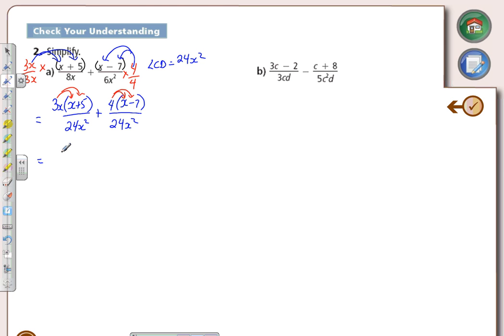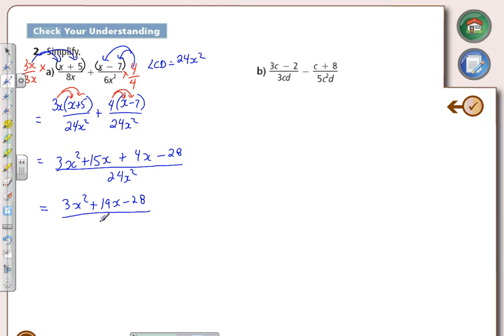So then we get 3x squared plus 15x plus 4x minus 28 over 24x squared. Combine any like terms in the numerator. 3x squared plus 19x minus 28 over 24x squared.